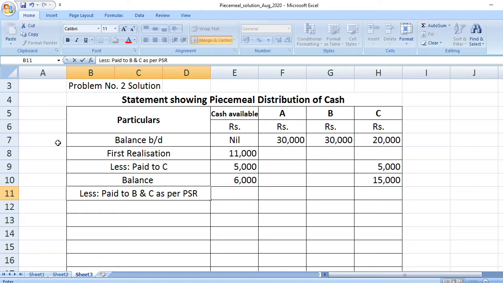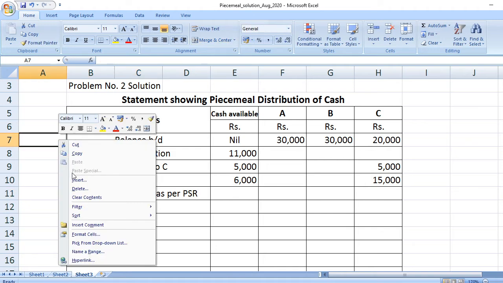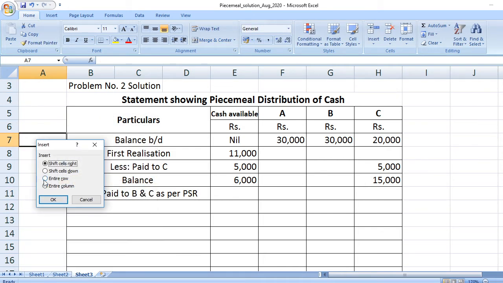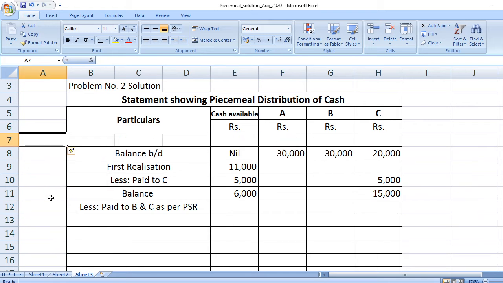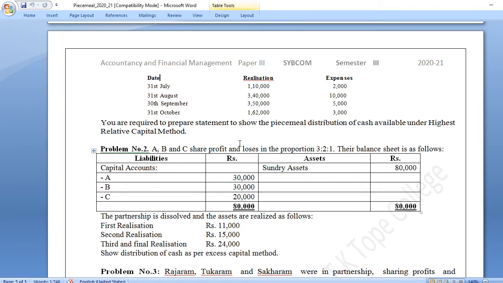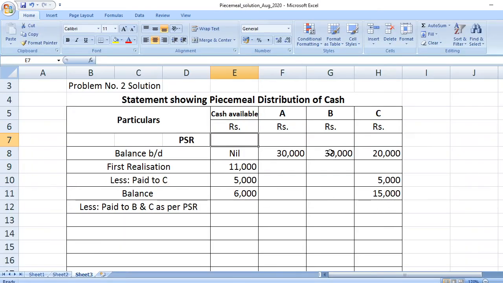Now we will pay this particular amount as per their profit sharing ratio. Now we know that our profit sharing ratio is 3 is to 2 is to 1.